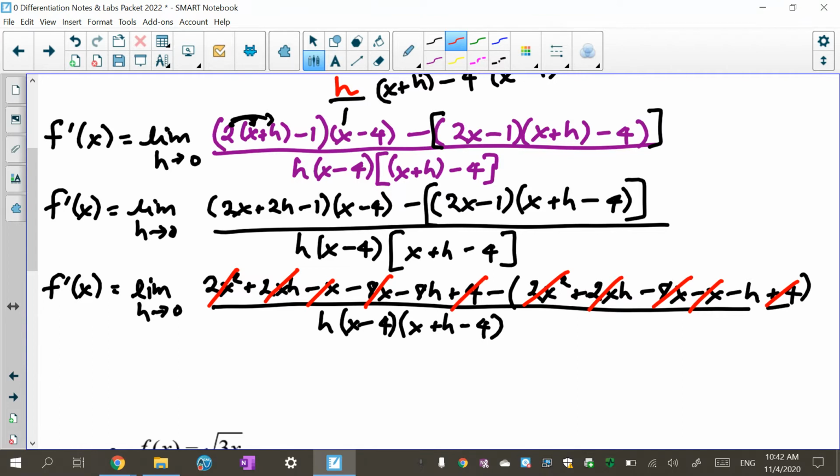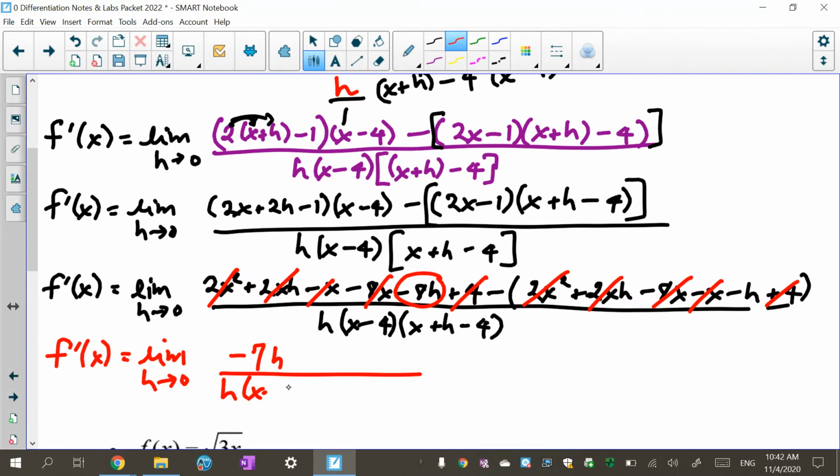So when I get done, I really have just negative 8x, negative 8h, this one right here. And I'm going to subtract a negative h. So I'm really adding an h. So I end up with f prime of x, which after all of this, you're like, wow, this really reduces down nice. I have a negative 7h in the numerator all over h(x - 4)(x + h - 4).